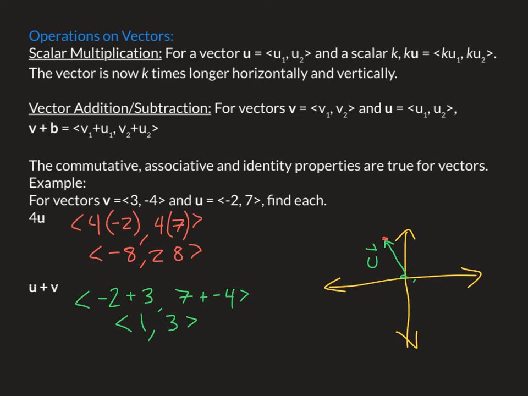Then I'm going to go 3 over and 4 down, which lands us roughly there. That's vector v. And so the addition of these two is going to be the same as if I went from the initial point of u to the terminal point of v, which is over 1 and up 3, and that's how we get the new vector <1, 3>.